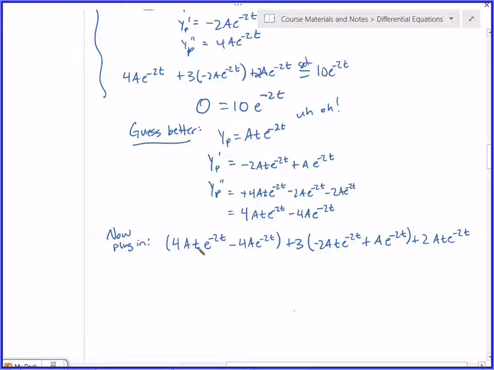So the 4at, minus 6at, plus 2at all cancel each other out. And what I'm left with is minus 4a e to the minus 2t plus 3a e to the minus 2t, which is just minus a e to the minus 2t. Now it's not gone. We've got the a we need, and we set that equal to this thing that I had up here, 10 e to the minus 2t.